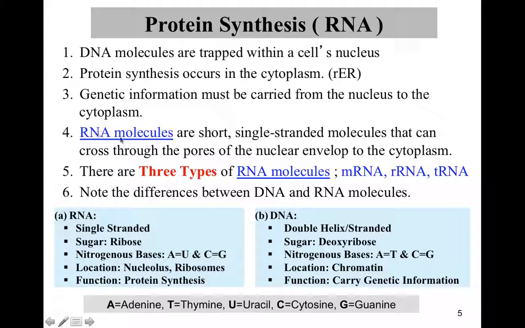Before we see how this RNA molecule copies the information from the DNA and carries it to the cytoplasm, let's see the three types of RNA molecules.